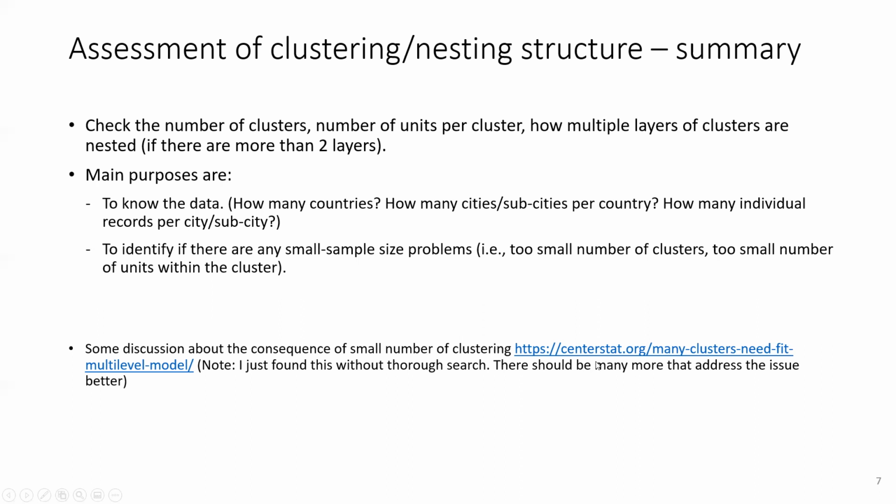I also posted a web link which explains the consequences of a small number of clusters. I found it, but I didn't do any thorough search, so you may find a better explanation, but they are not telling a lie. So I just posted this link for your information. Up to now, do you have any questions?